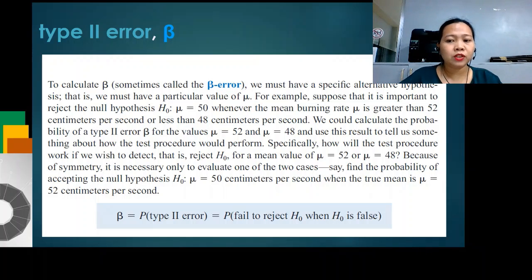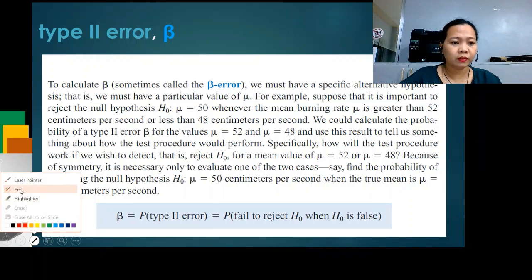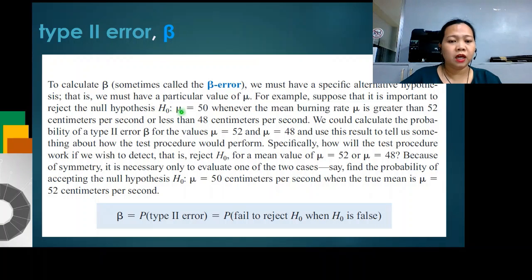For example, suppose it is important to reject the null hypothesis H sub 0, wherein mu is equal to 50, whenever the mean burning rate mu is greater than 52 centimeters per second or less than 48 centimeters per second. We could calculate the probability of type 2 error, beta, for the values mu equals 52 and mu equals 48, and use these results to tell us something about how the test procedure would perform.